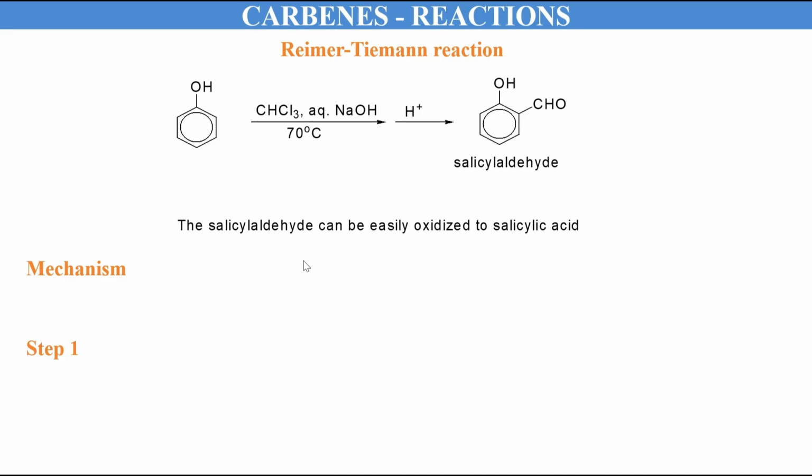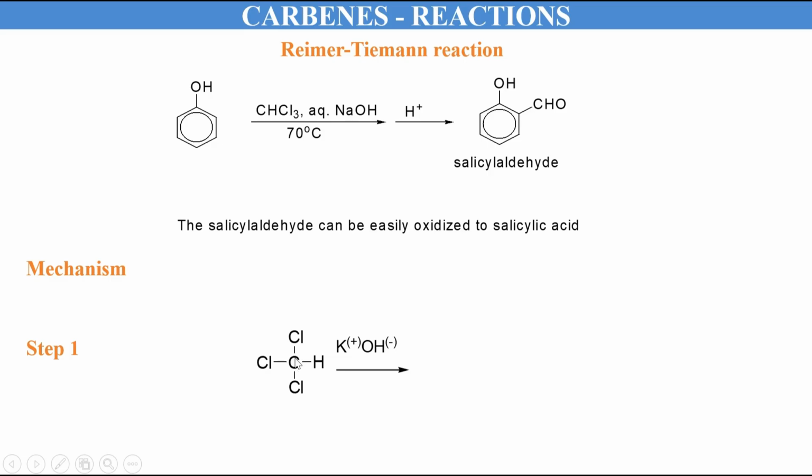It occurs in the first step. The chloroform reacts with a base like potassium hydroxide or sodium hydroxide. This chloroform carbon-hydrogen bond is weak because there are electron withdrawing groups attached to the carbon and they pull the electrons. Once they pull the electrons, the carbon becomes electron deficient.